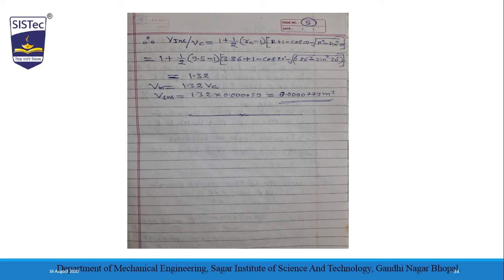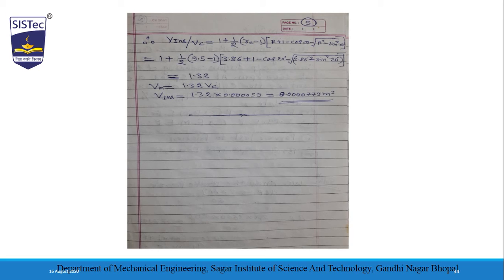So putting all these values, we will get the answer 1.32. So multiplying by the clearance volume, the instantaneous volume is 0.0000779 meter. So this is the answer of this problem.